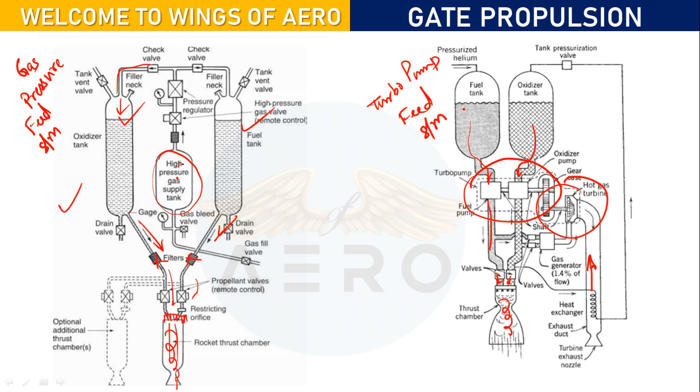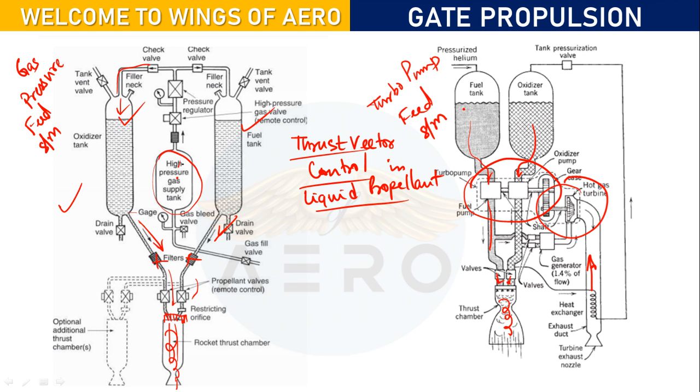Now to understand this, as I've said, you have to understand one more fact, which is thrust vector control in liquid propellant. This is how we control our pitching moment, rolling moment, and yawing moment. The first one we have is gimbal or hinged.